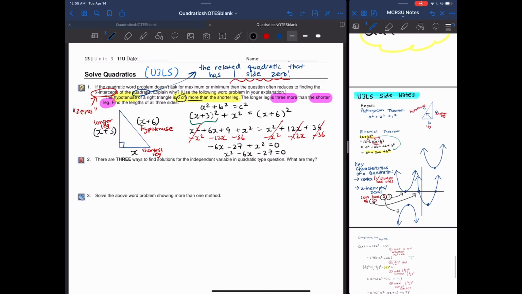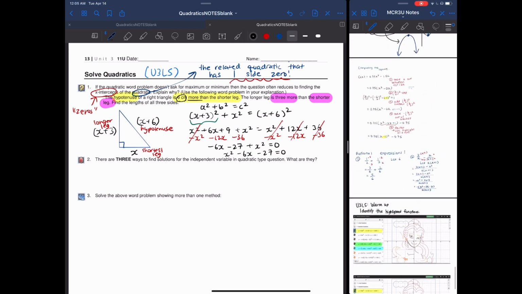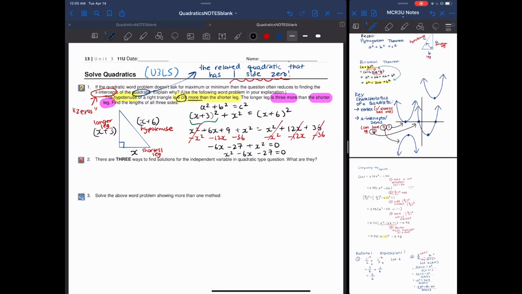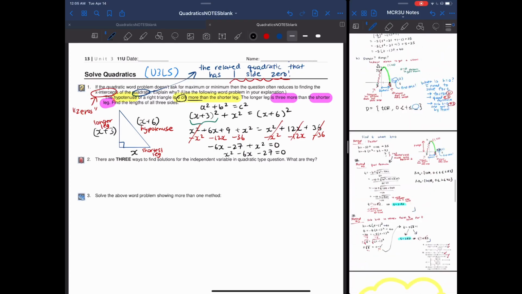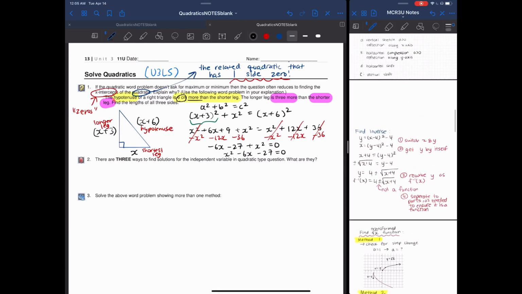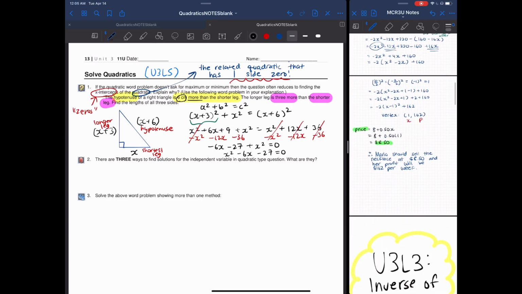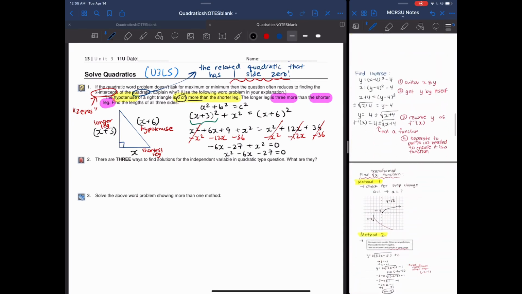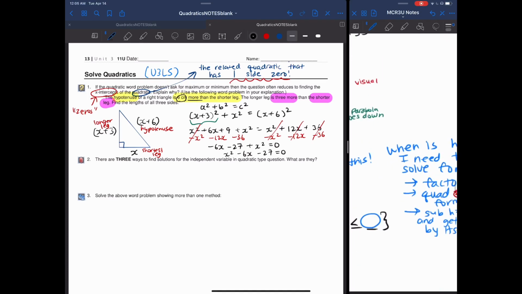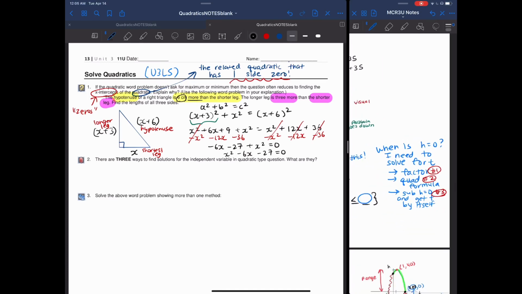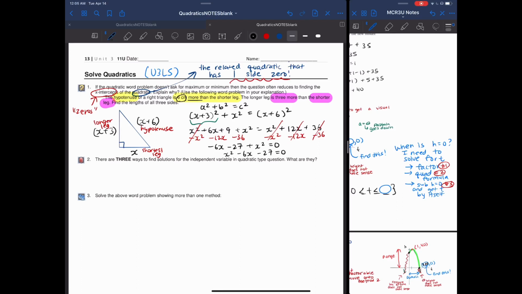What are they? In terms of question number 2, I had gone through question 10b of the homework from Unit 3, Lesson 3. So it's right over here. And I go through ways that I could solve for the variable.